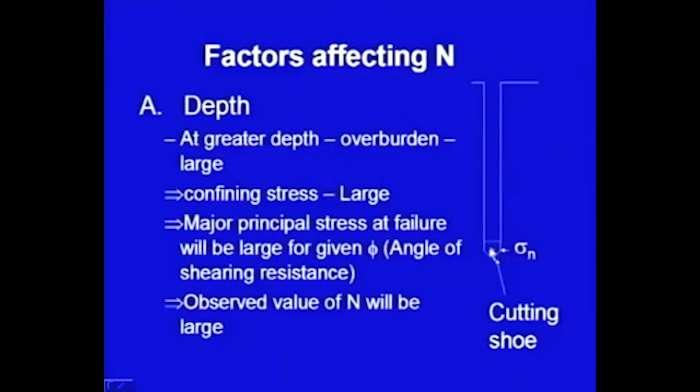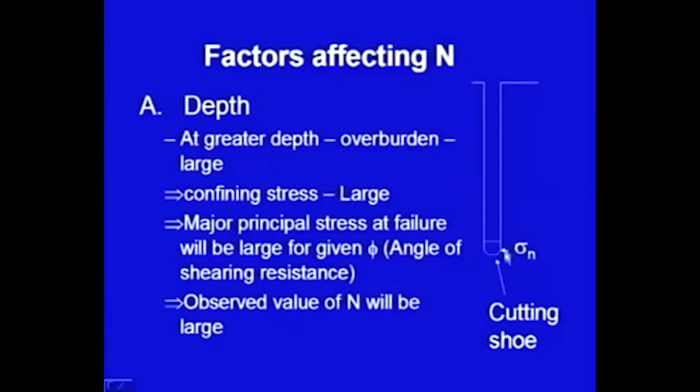If this depth is large, at greater depth, this soil will be imparting an overburden pressure, and because of that overburden, the confining stresses on the soil will be large. So, at greater overburden, confining stress will be large, that means sigma 3 will be large, and if you remember when I discussed the Mohr-Coulomb failure criterion, the major principal stress at failure sigma 1 is a function of sigma 3 and of the angle of shearing resistance phi.